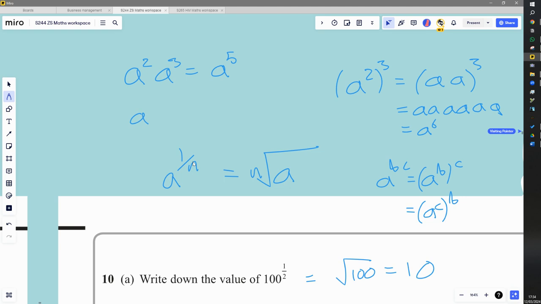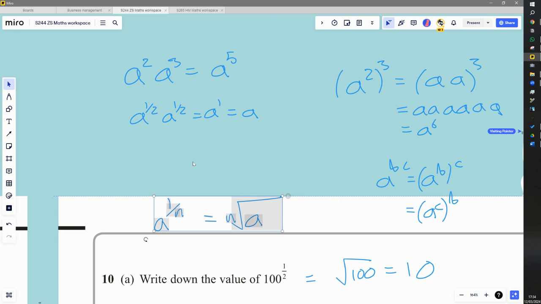Now, using that rule, a to the power of half multiplied by a to the power of half would be equal to a to the power of half plus a half, which is a to the power of 1, which is just a. So as you can see, a to the power of half multiplied by a to the power of half is just a to the half, squared.